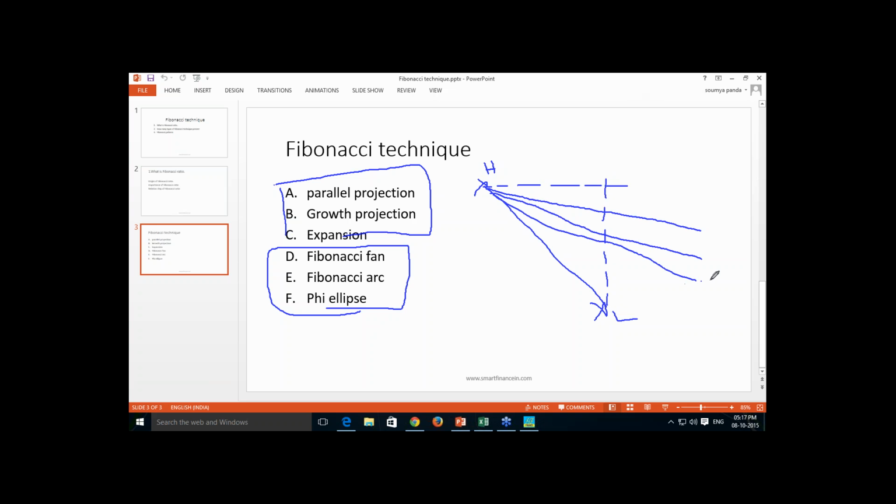One will be 0.236 retracement, one will be 0.5, another will be 0.618. So these retracements are being drawn considering one high and low of the previous trend on your chart. So this is known as your Fibonacci fan line, and this retracement of 0.236, 0.5 and 0.618 is with respect to this line X and L.